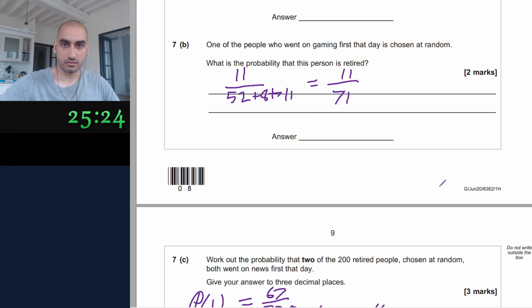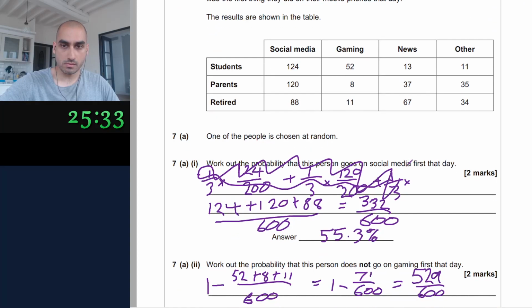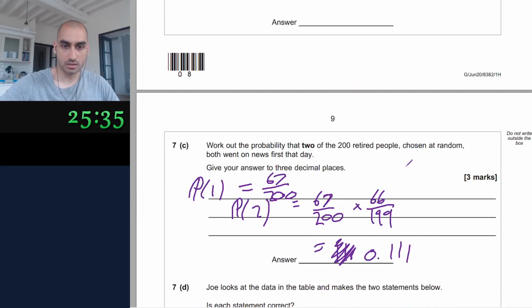Does that seem about right? About a tenth? Yeah, I suppose. I mean, it's about a third. A third multiplied by a third is about a ninth, and 0.111 is a ninth, so yeah, okay.